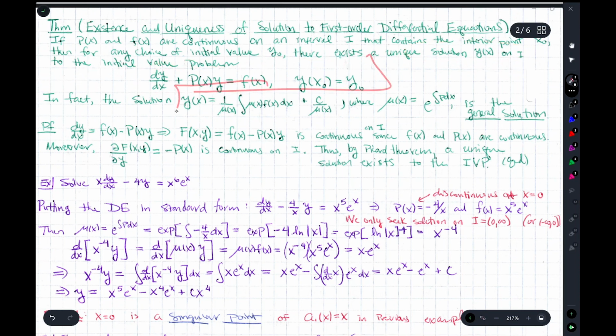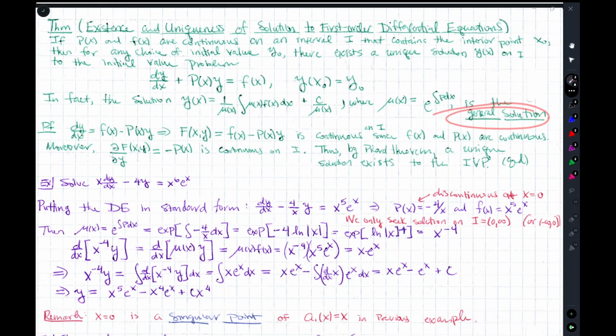Okay, in fact, the solution that we found above, where mu of x is this integrating factor, is the general solution, okay? So that means we found all the solutions. So if we have a first order linear equation, then we have the general solution. We can rest assured that we found all the solutions. Of course, it's important that p of x and f of x are continuous.